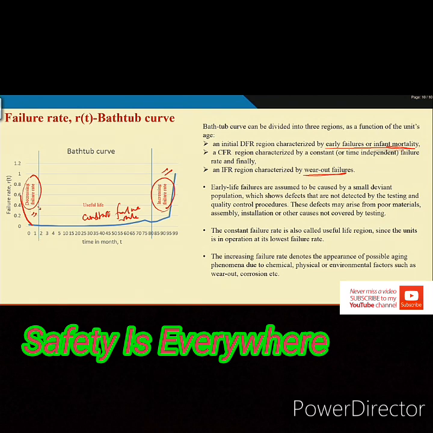Then slowly those quality problems will be checked and finally rectified, and the failure rate decreases very quickly and reaches the constant failure rate, which is the useful life. Finally, because of the aging effect, the component or the unit will very quickly undergo death. So, those are the three different regions you get in the bathtub curve.